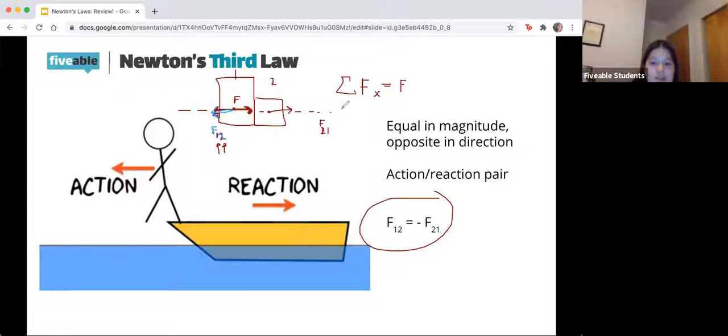This is the direction of acceleration, therefore this is the positive x direction. A is going this way; we're accelerating to the right. And we know we're not accelerating in the y direction because nothing is moving in the y direction. But there are forces in the y direction.